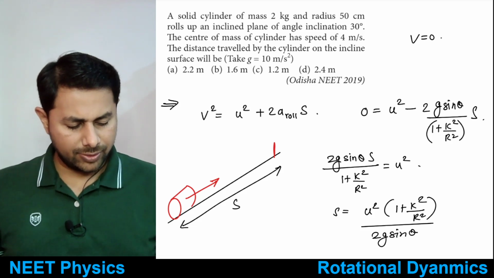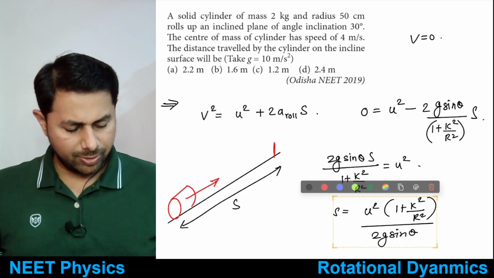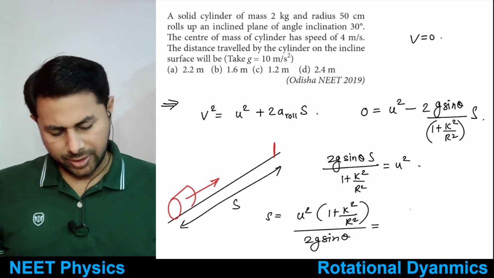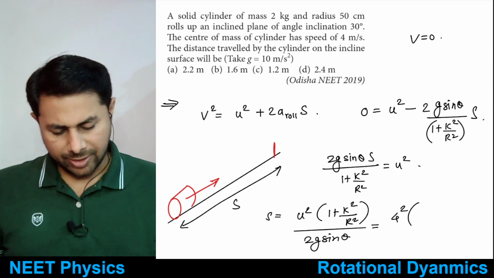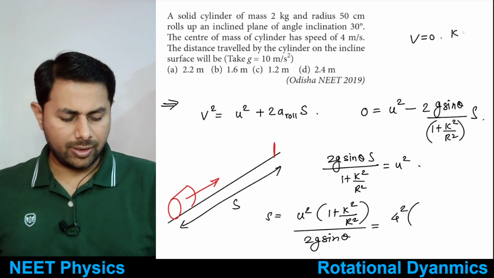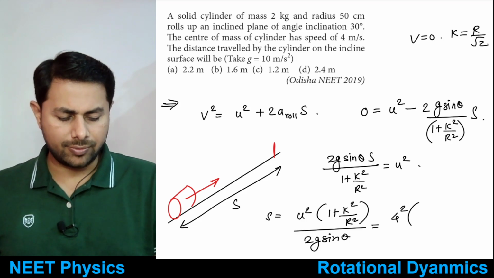Now put the values. Okay, now let's put the values. So that is equal to, what is u? U is 4, square, multiplied by 1 plus k square by r square. So it is a solid cylinder. So for a solid cylinder, k is equal to r divided by root 2.